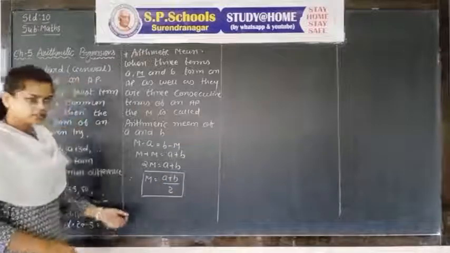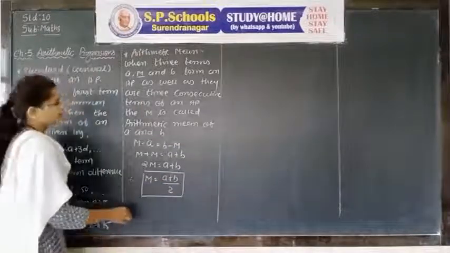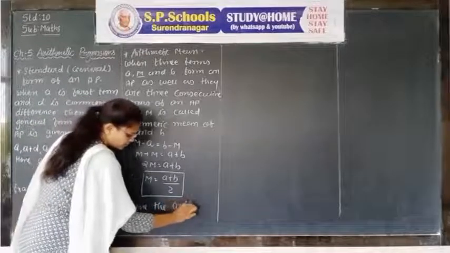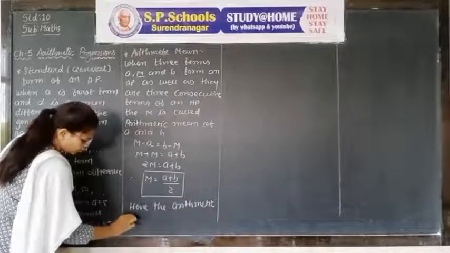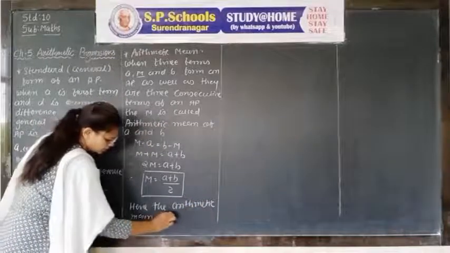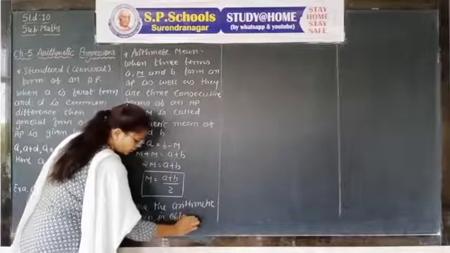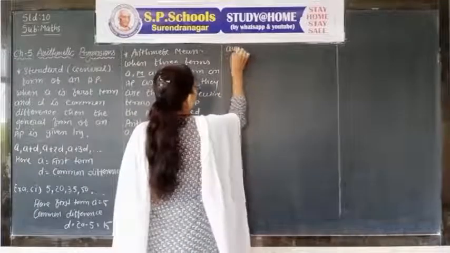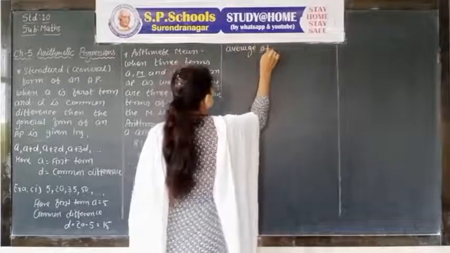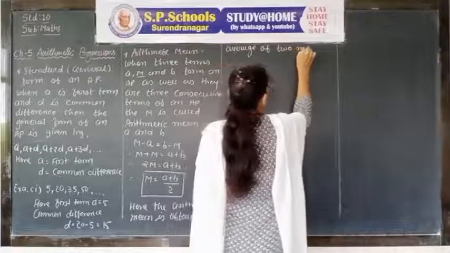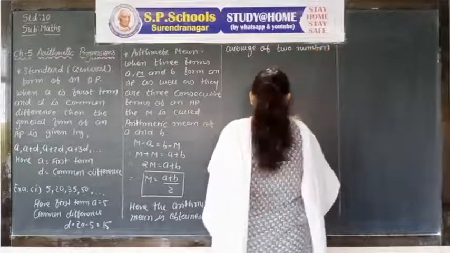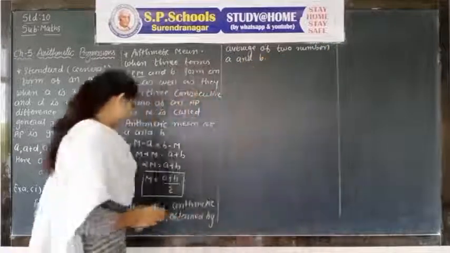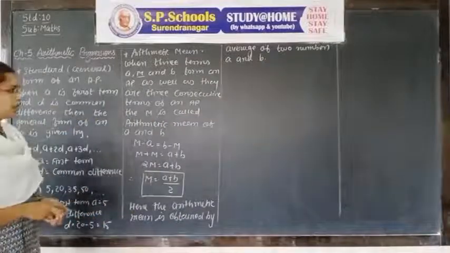Here the arithmetic mean is the average of two numbers A and B. It is called arithmetic mean.